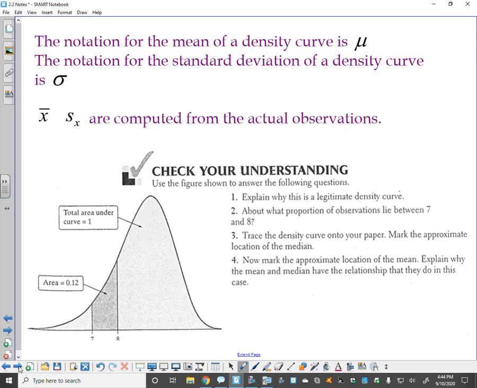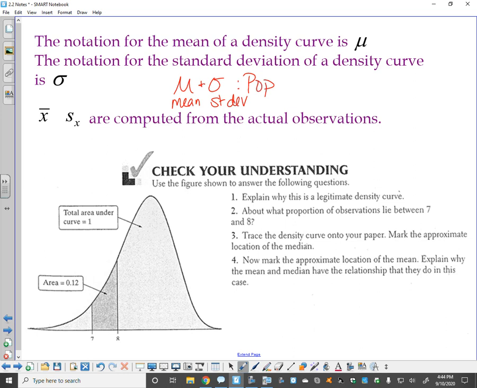The notation for the mean of a density curve is mu. Okay, so now we've talked about this. Mu and sigma are for population data. This is mean, and this is standard deviation. If you don't already know that, you need to make a note card and put this on the note card.